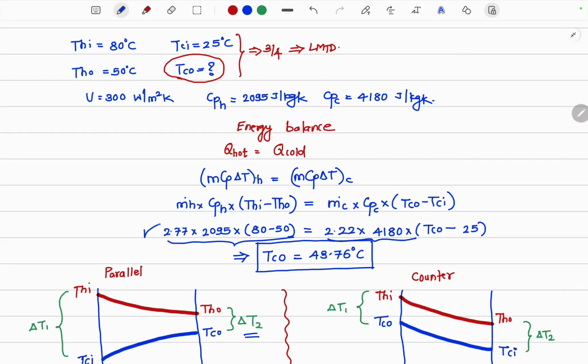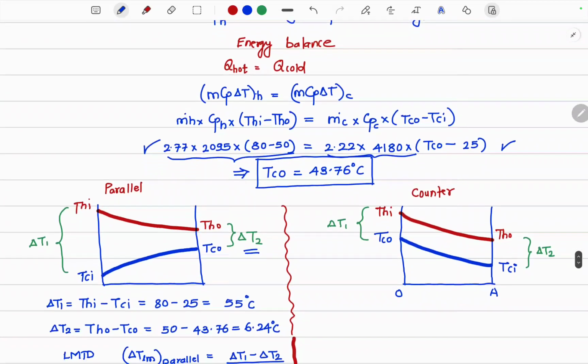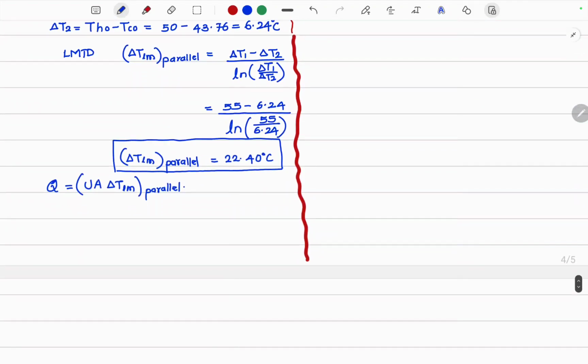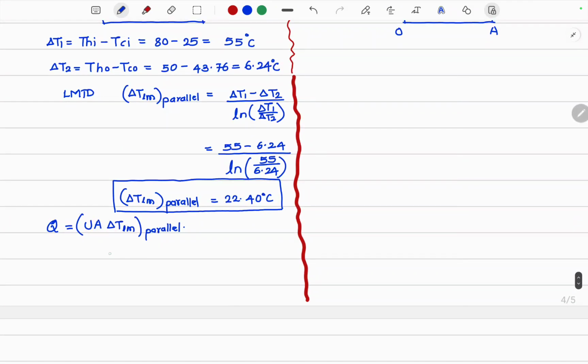Either you can calculate QH or you can calculate Q cold. So 2.77, 2095 and 80 minus 50. I will simply use it here. We know that Q is equal to 2.77 into 2095 into 80 minus 50. So that is 2.77 into 2095 into 30.